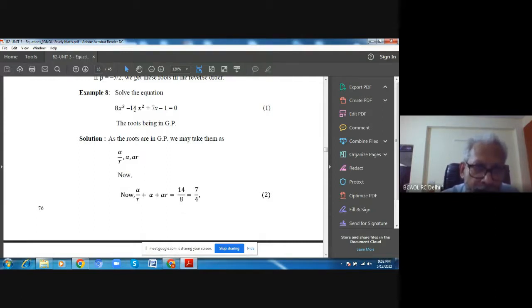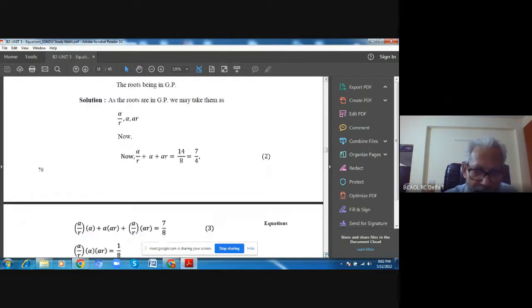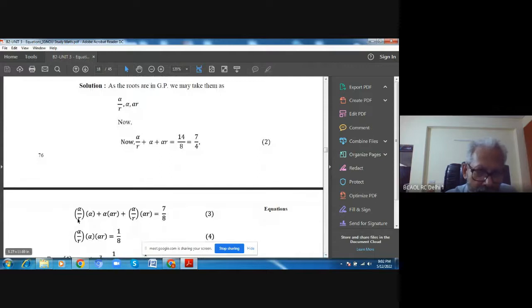You see, it is B by A, so 14 and 8 come. Similarly, for the product, 7 by 8. So you have to be careful about these two things.